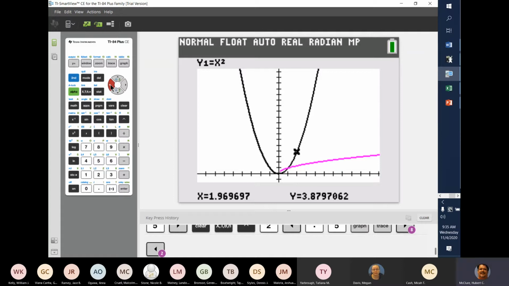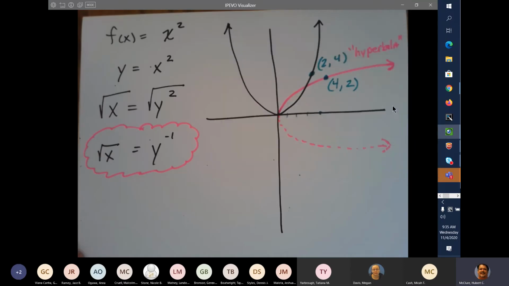Then if I go 4 this way, 1, 2, 3, 4, this point right here is going to be 4 comma what? 2. Okay.